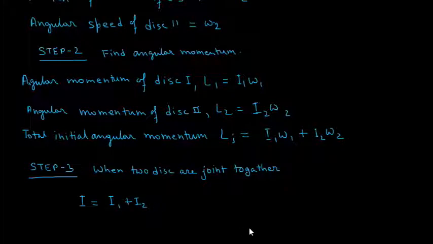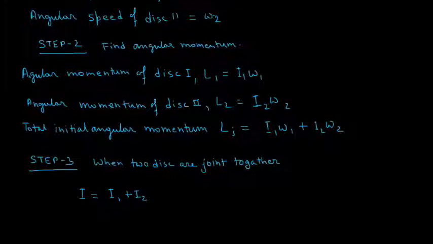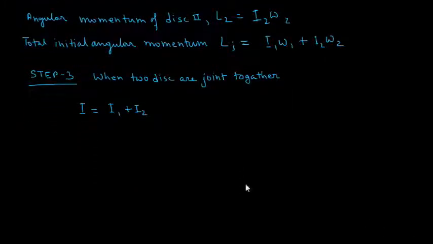So I is equal to I1 plus I2. Next, let omega be the angular velocity.